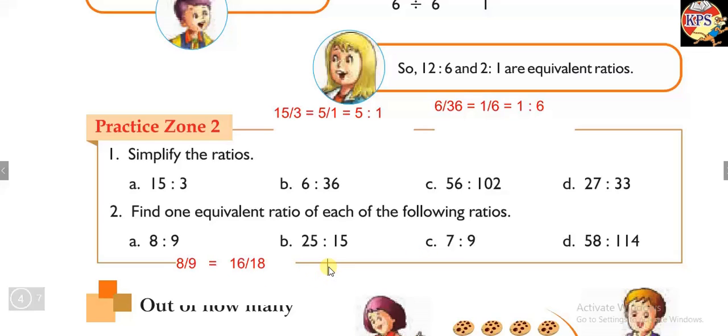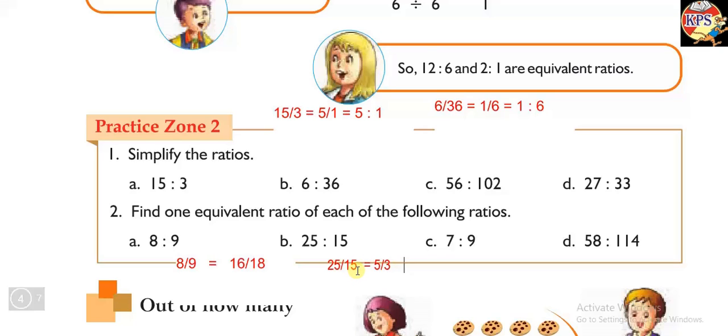The second example is 25:15. Then we can write it like 25/15. Here both numbers can be cut by 5. 5 fives are 25, so 5 here, and 5 threes are 15, so 3 here.